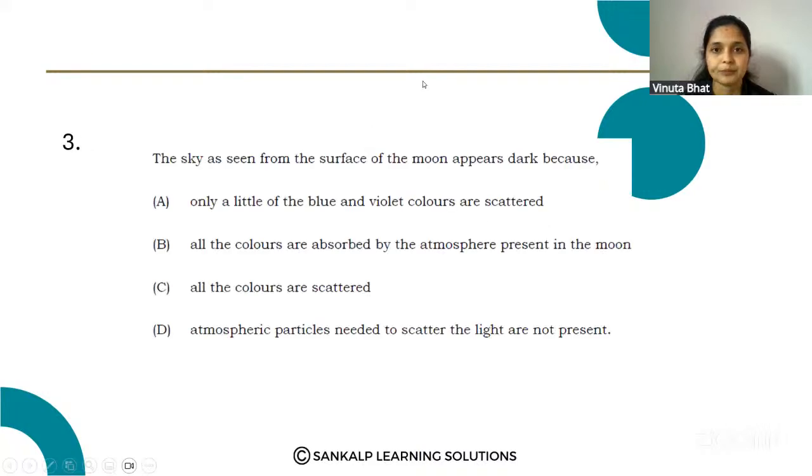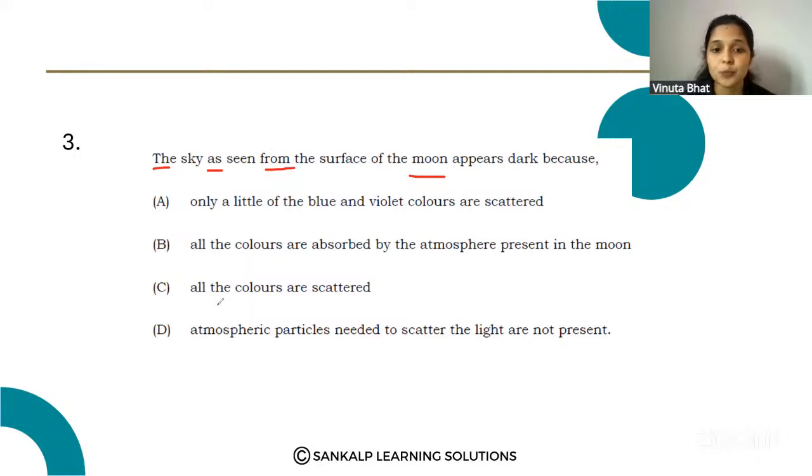Next question. The sky as seen from the surface of the moon appears dark because. Why does the sky look dark when you observe it from space? Option A, only a little of the blue and violet colors scatter. Option B, all the colors are absorbed by the atmosphere present on the moon. Option C, all the colors are scattered.